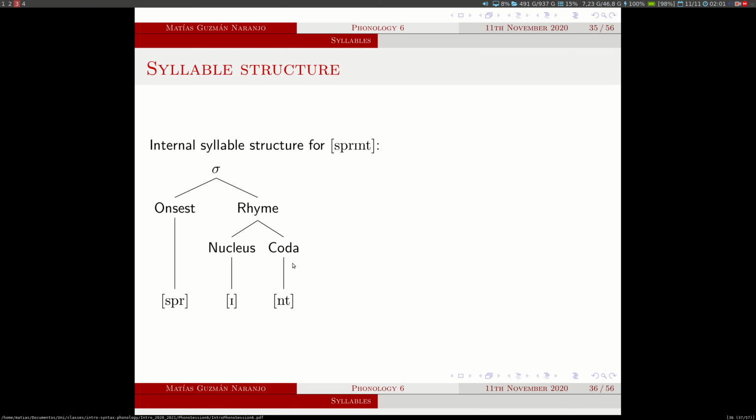And for sprint, it's a little bit more complex, but also quite easy. You have an onset, and the onset is comprised of 3 segments, the nucleus, which is comprised of 1 segment, and the coda, which has 2 segments. And this will likely be a question in the exam. I'll give you some words, and you have to draw the syllable structure.